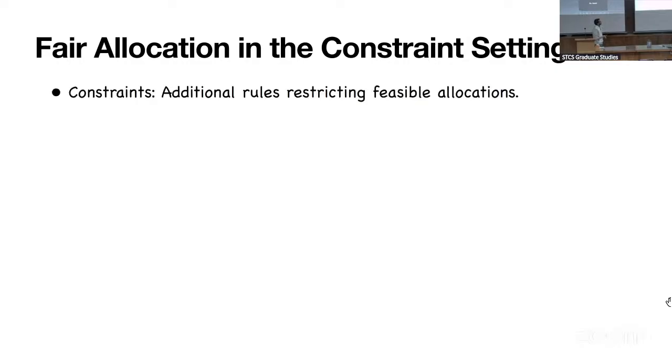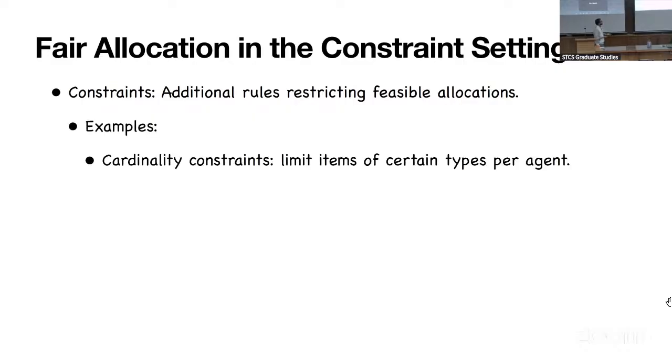But in the constraint setting, what do we know? What does the constraint setting mean? It means we put some additional rule that restricts the allocation, deciding which allocation is feasible and which is not. There are multiple examples, such as cardinality constraints, where we limit the number of items an agent can get from each category.